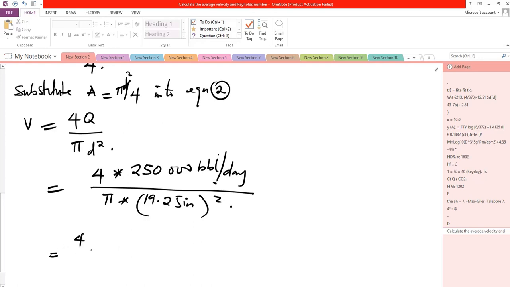Now we have this, and our answer is supposed to come in feet per second, so we will have to change the units.